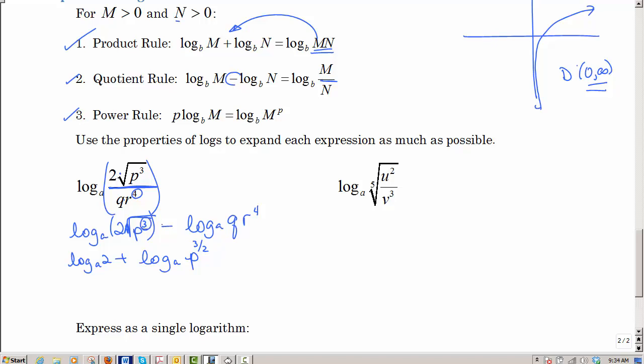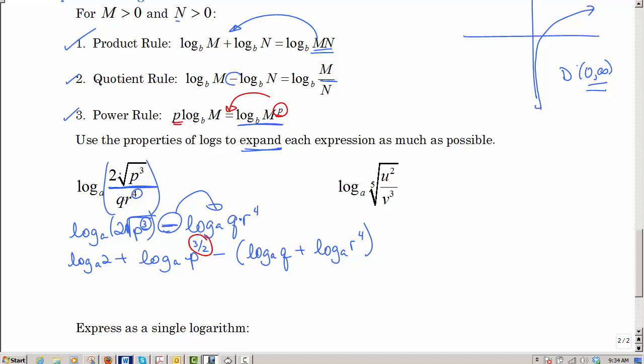You'll see what happens. Now be careful here. I'm going to minus this whole thing. So this is log base a of q plus log base a of r to the fourth. That minus has to distribute to everything. Remember, we're expanding. Can we use the power rule? Yes, we can. If you have exponents, you can move them down in front as a coefficient. So I'm going to do that here, and I'm going to distribute the minus sign.